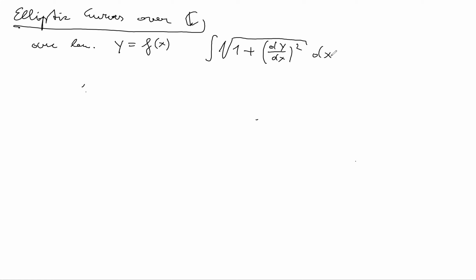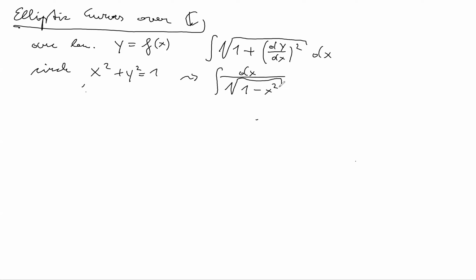Now, if you want to do this for a circle, so a circle of radius 1 is parameterized by the equation x squared plus y squared equals 1, then the integral you will be evaluating, you can do the manipulations yourself if you want to convince yourself, is the integral of dx over the square root of 1 minus x squared.